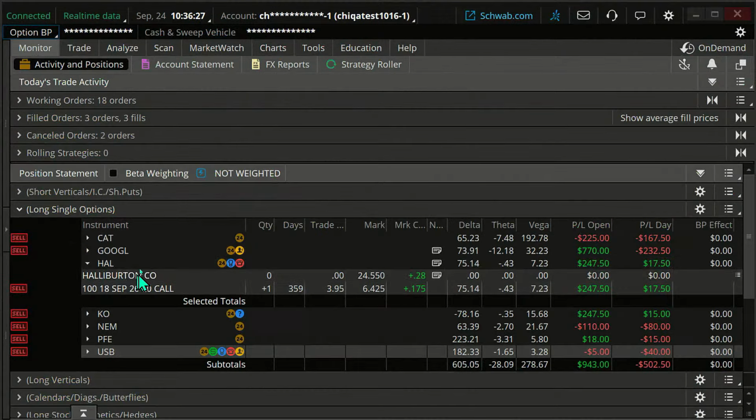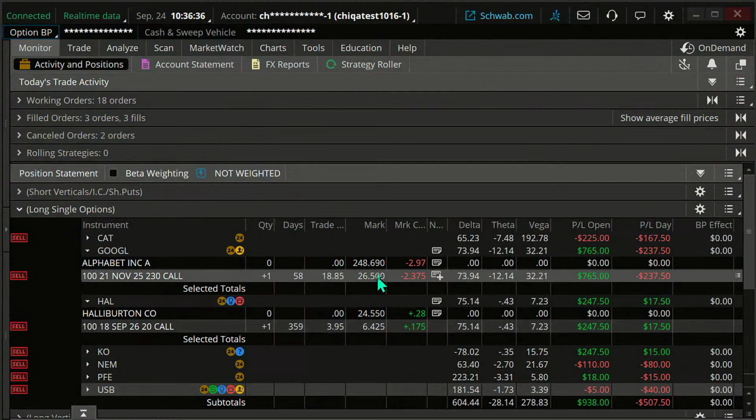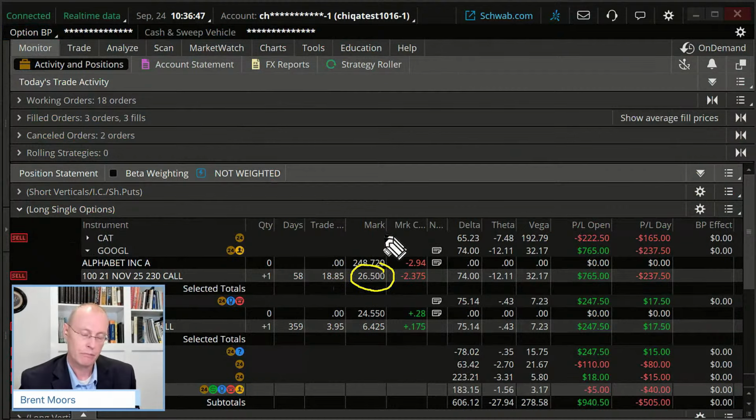Let me address the question in the chat from Jacob. Good question. I moved my stop on Alphabet up to 70% of the current price in my case. Why did I not move that up even higher? The reason is this. I could try and protect it and say, I want to move up to 70% of the gains I've already made.